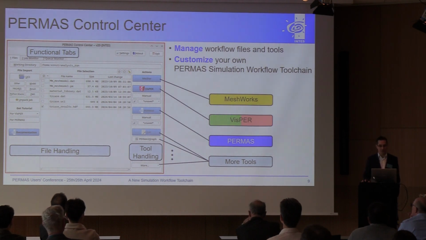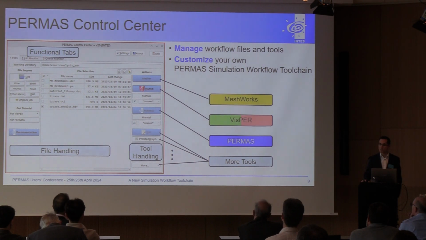For example, the mesher, which in this tool workflow chain is MeshWorks. Then we have a VisPER button, a PERMAS button, and a lot more buttons which represent further tools, because every one of you has some of your own, for example, Python tools, which integrate into your workflow. And here we can add them in this PERMAS Control Center.